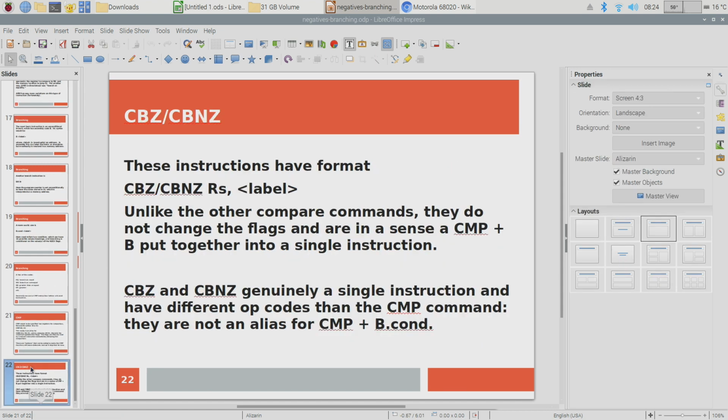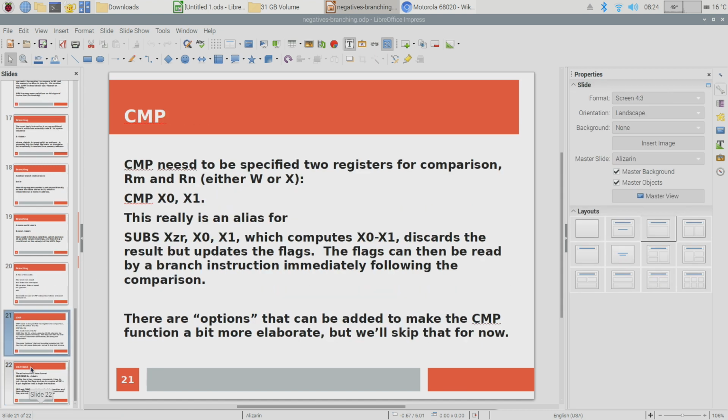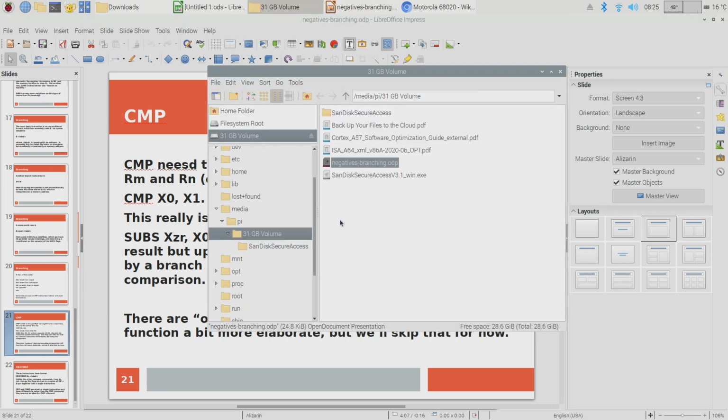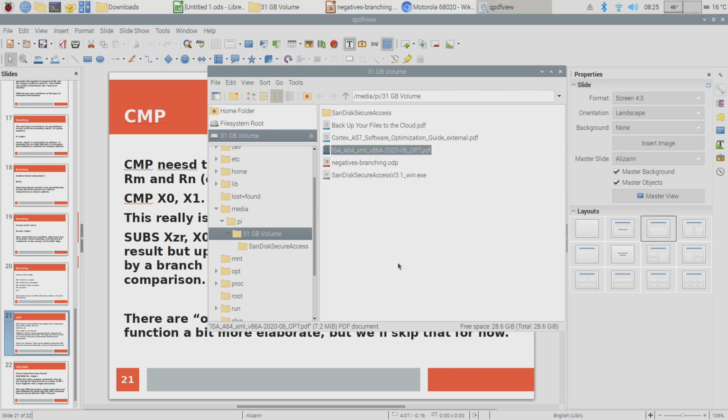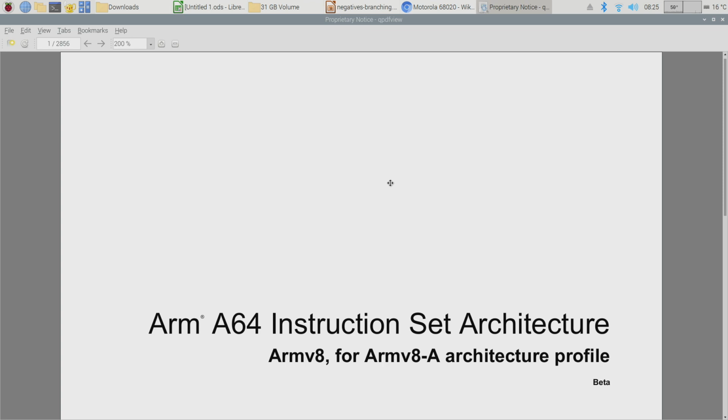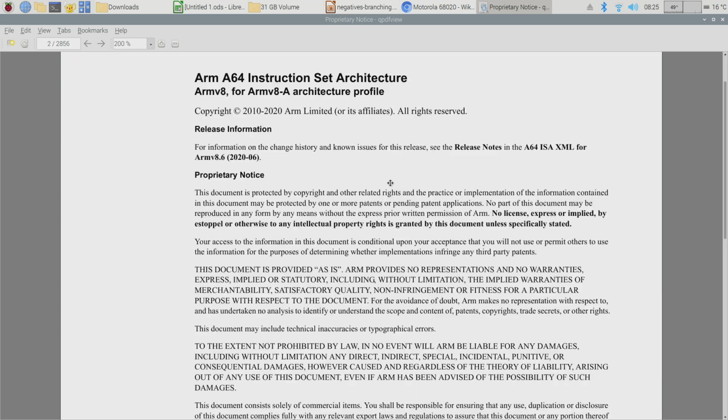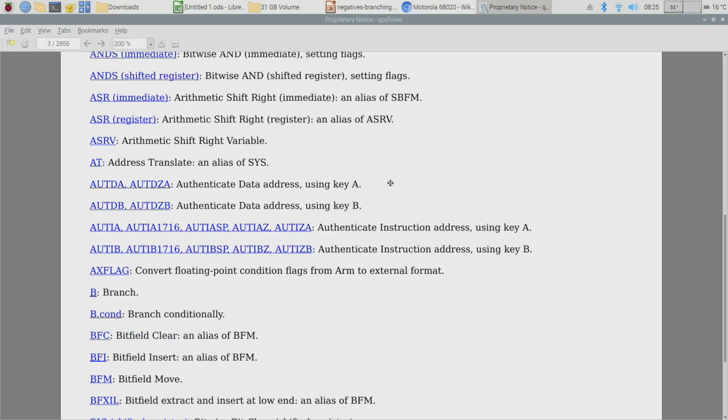Go on to the next slide here. There are 16 different options for your branch instruction, and they're going to use different combinations of the flags. Okay, so I think on here I've got this is the PDF from ARM.